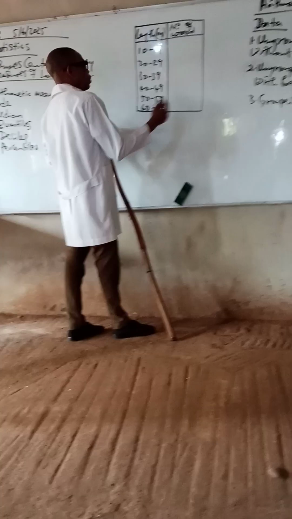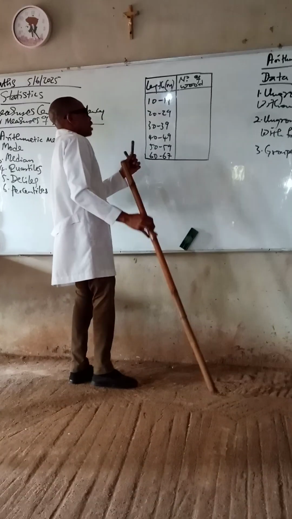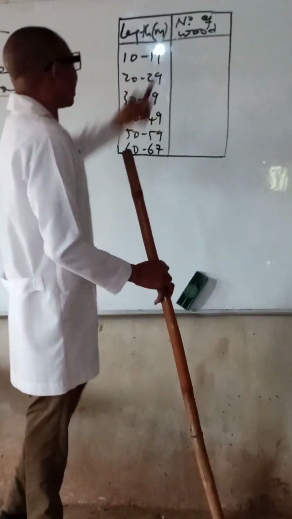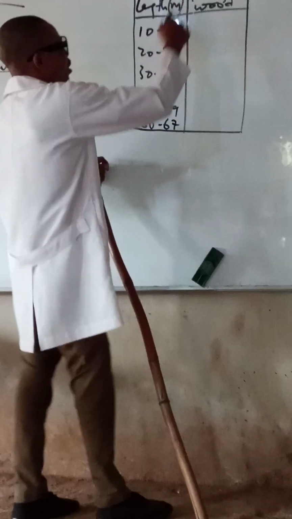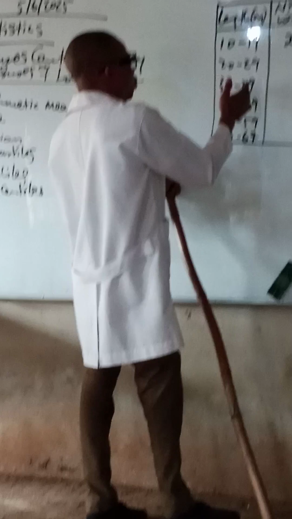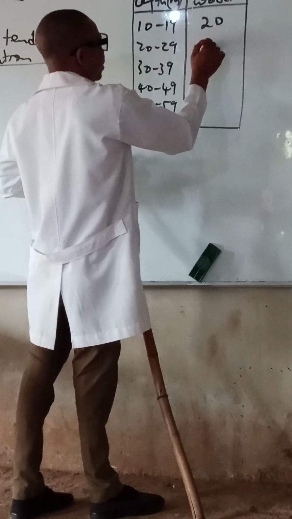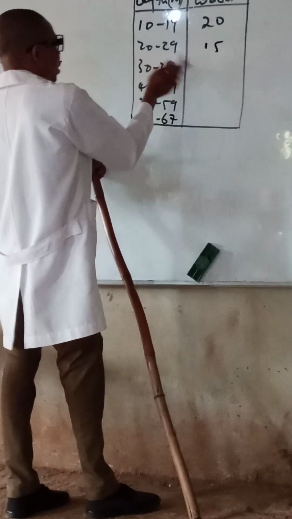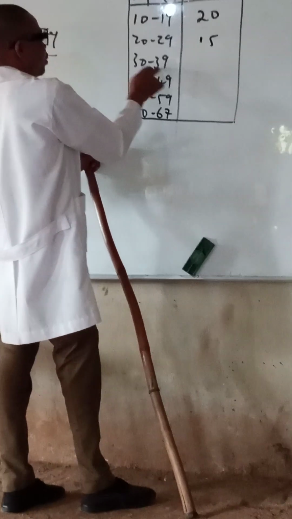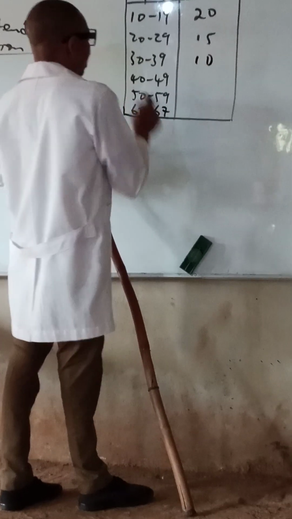Then the frequency: let's assume that the lengths of wood that fall between 10 and 19, they counted to be 20. Length of wood from 20 to 29, you have something like 15. From 30 to 39, let's assume they are 10.